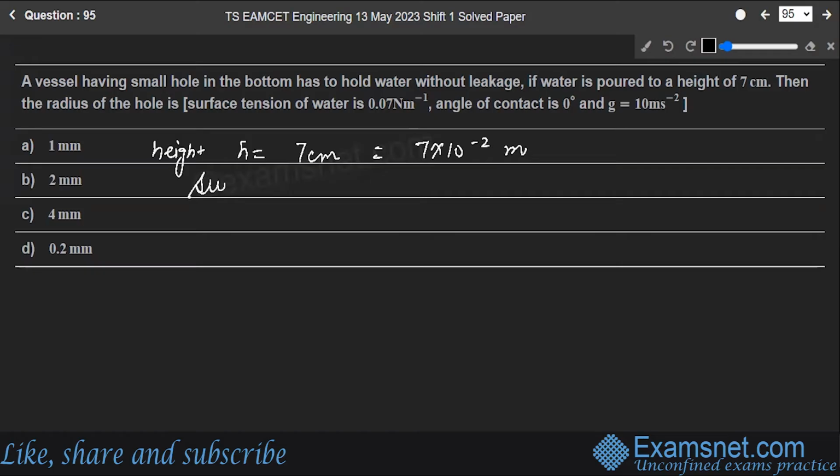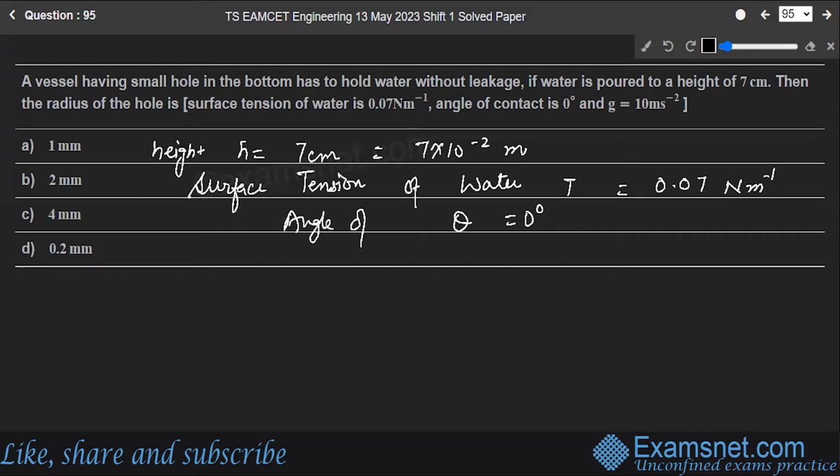Also, you have the surface tension of water. It is given to you as 0.07 Newton per meter. Angle of contact theta is equal to 0. You have to take the g value as 10 meter per second square.